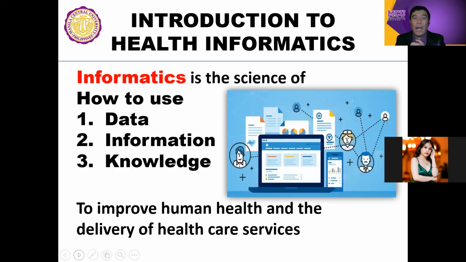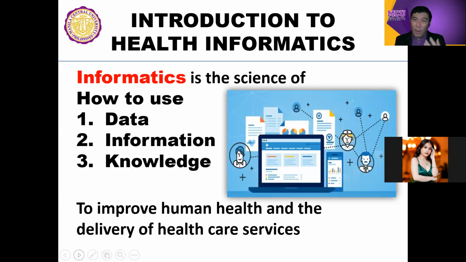How about if it is knowledge? Knowledge now could be nursing healthcare service. If we say nursing healthcare service, this pertains to the knowledge that the nurses who render services have, identical for nurses.